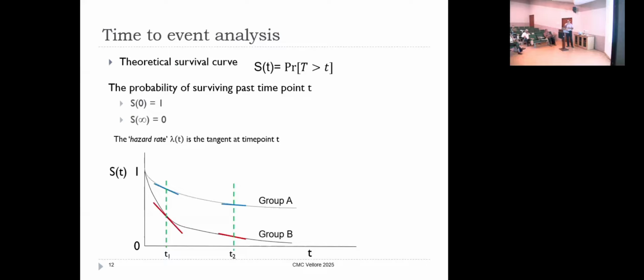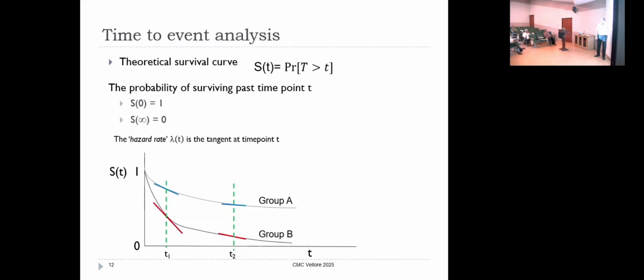So you remember this time to event analysis, the graph. I have the graph again here. Now I have two groups, not just one group. So I can get the hazard in group A at this time point and at this time point, the hazard in group B at this time point and at this time point. And I can take the ratio of the hazards here and the ratio of the hazards here.